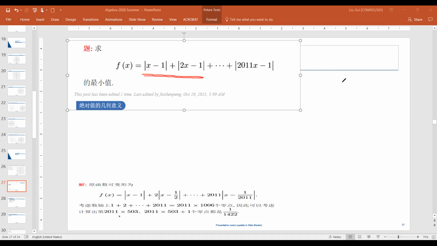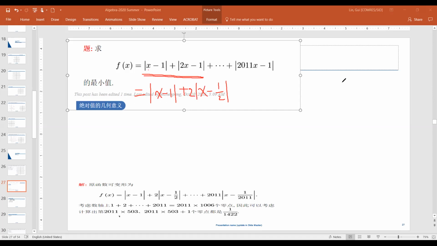what can we do with this one? What does it actually mean? It means x minus 1. Now this one we rewrite into x minus half, 2 of them, right? We write it as 2 of them.